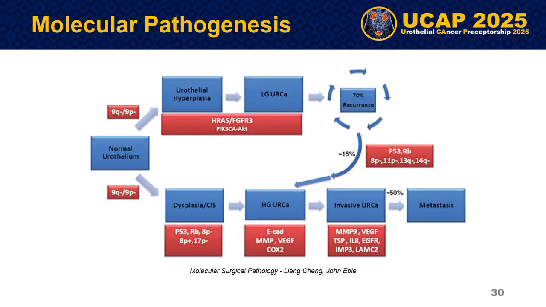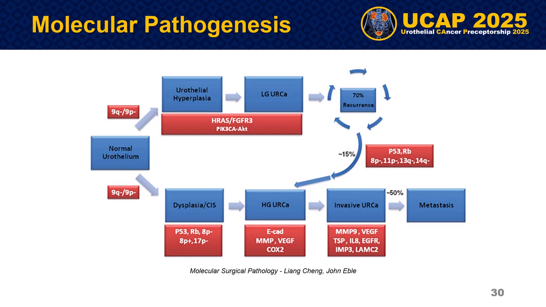Urothelial carcinomas arise primarily from two distinct molecular pathways, which underpin the development of non-muscle invasive urothelial carcinoma and muscle invasive urothelial carcinoma. The first is the FGFR3 as well as the RAS pathway. This forms the majority of superficial, low-grade, non-muscle invasive urothelial cancers and is characterized by activating mutations in the fibroblast growth factor receptor 3, HRAS, and PIK3CA genes.